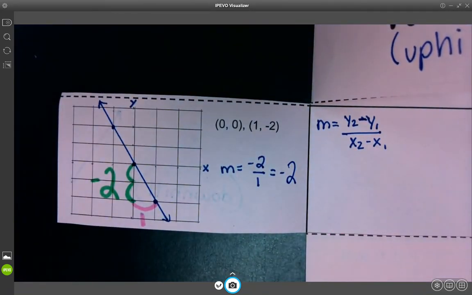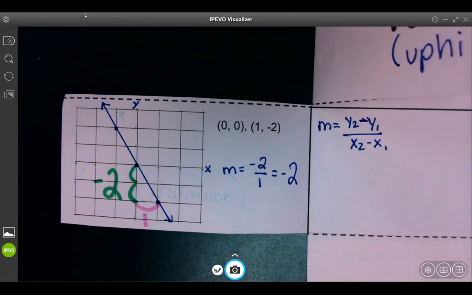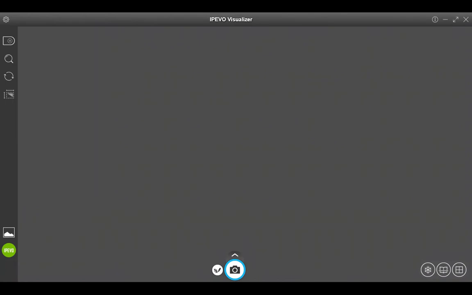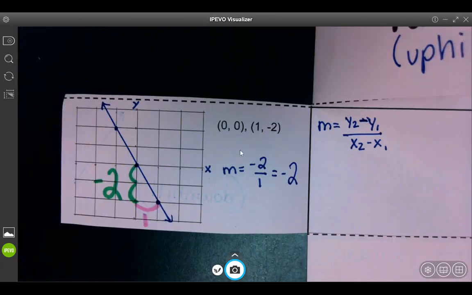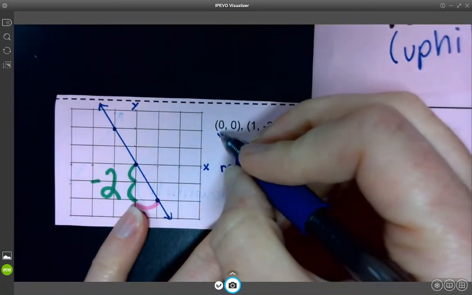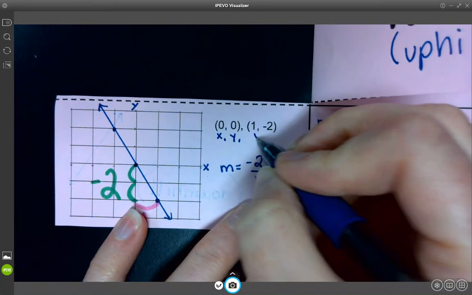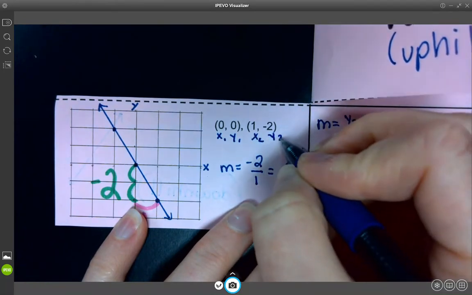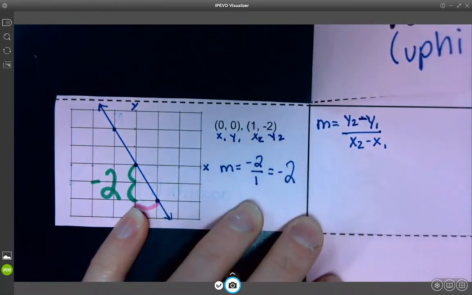Go ahead and label X1, Y1, X2, Y2. So you have an X and a Y with each one.